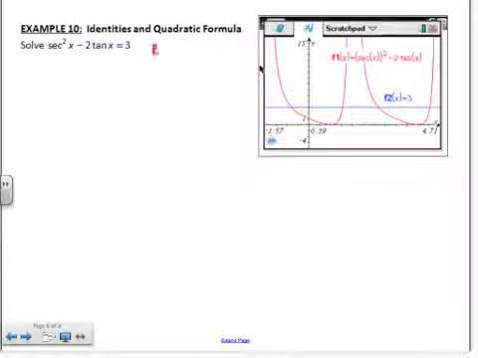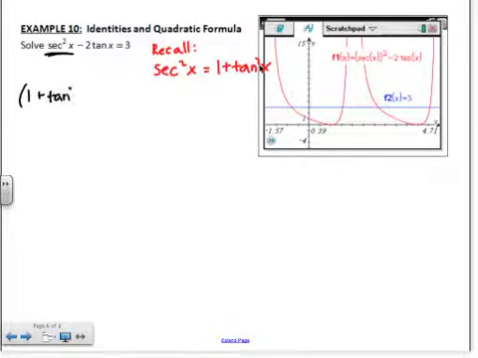So recall from section 6.5 that secant squared of x equals 1 plus tangent squared x. We're going to use that information to substitute it here. So we have 1 plus tangent squared x minus 2 tangent x equals 3.